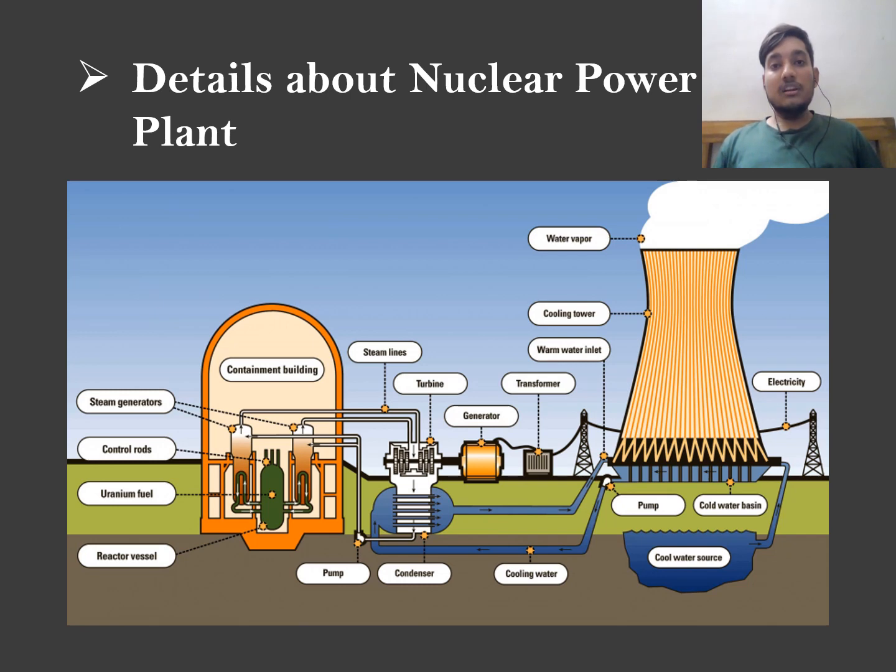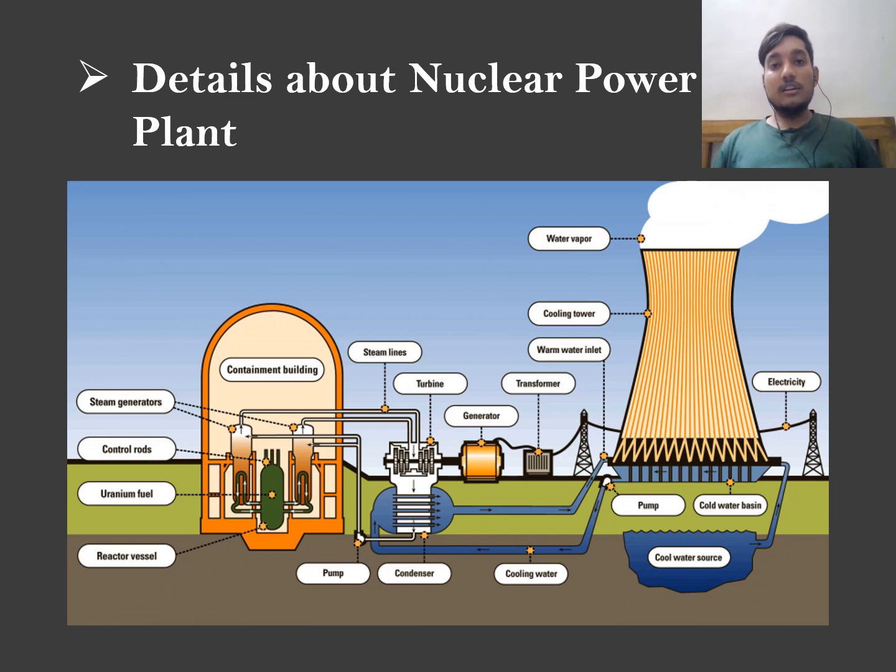Second one, fission. Inside the reactor core, the uranium atoms undergo a process called nuclear fission. Third one, heat generation. The heat produced by nuclear fission is used to heat water in a closed loop system. This water is kept under high pressure to prevent it from boiling.